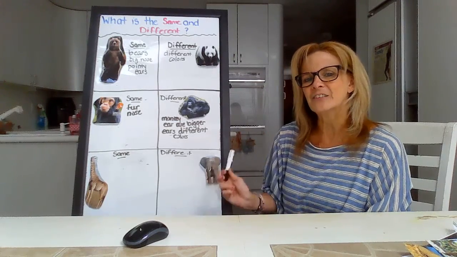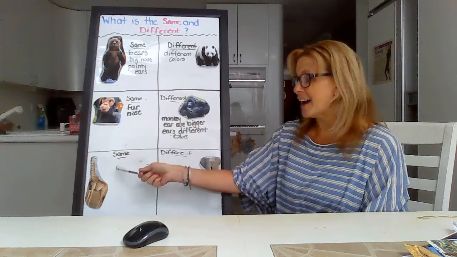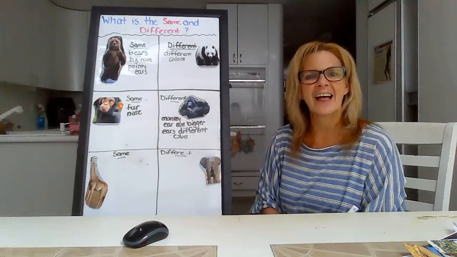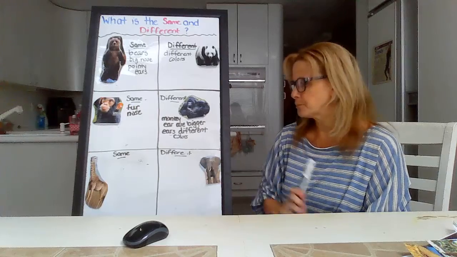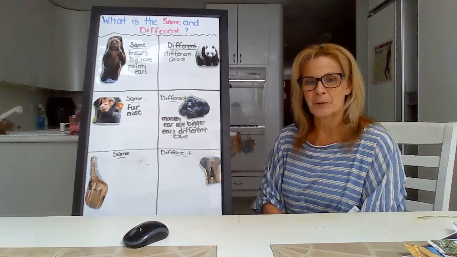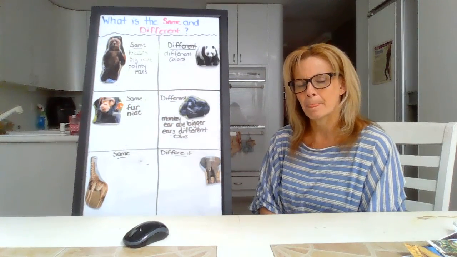Okay, the last two that I have are not in the same family. We have the giraffe and we have the elephant. I picked them because they're my two favorite zoo animals. There are a lot of differences between the two. What's one that you see?